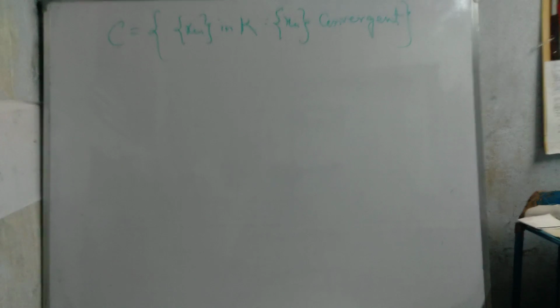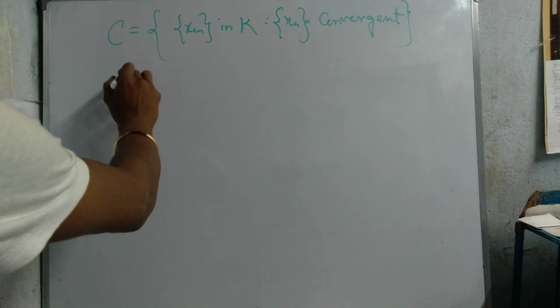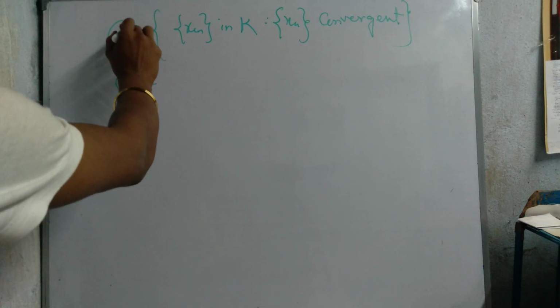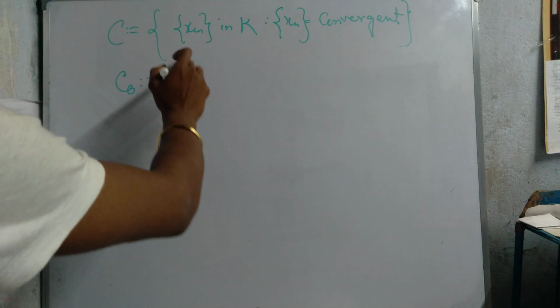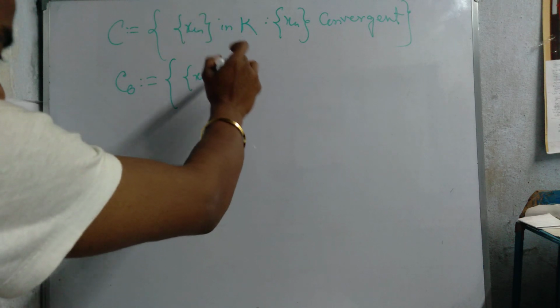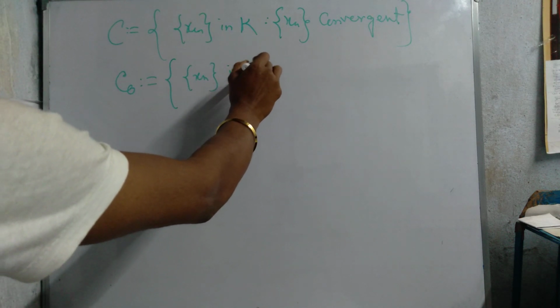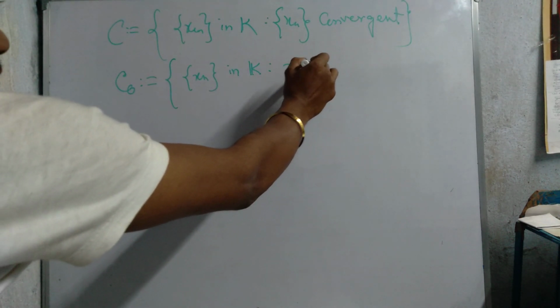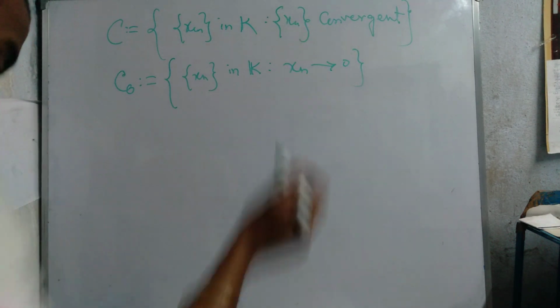See, those sequences in K where xn is convergent, and C0, those sequences xn in K such that xn converges to 0.